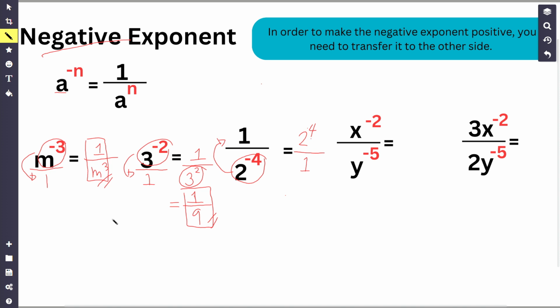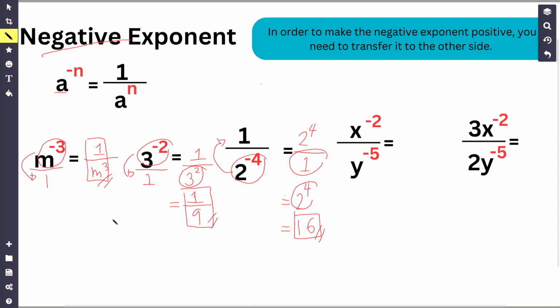So now we have 2 raised to 4 over 1. However, the denominator of 1 here will just do nothing, as any number divided by 1 is just the number itself. So this will just become 2 raised to 4. But 2 raised to 4 can still be simplified, and that's going to be 16. The answer here is 16.